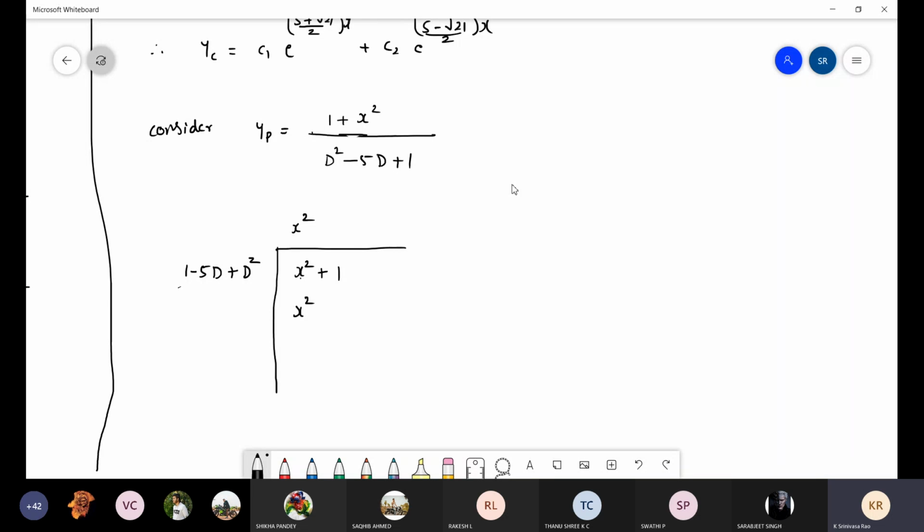Take your own time. Minus 5d into x square. We want to multiply the second term with x square, no? So you will get, differentiation of x square is 2x. So minus 5 into 2 is minus 10x.